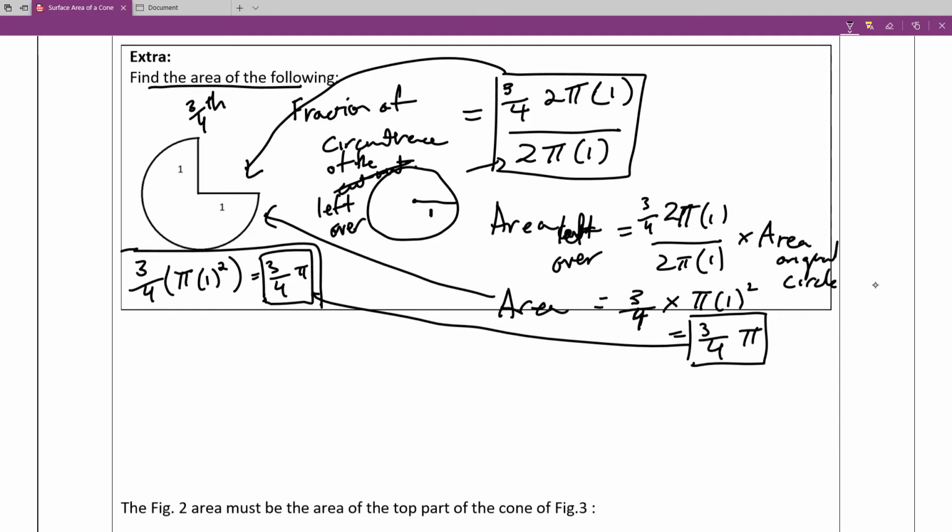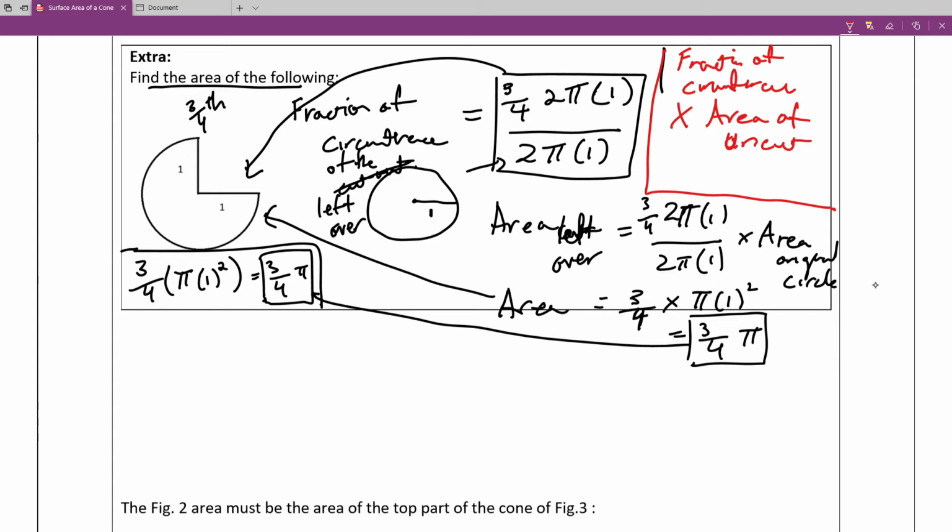But this shows that if we take the fraction of the circumference and multiply by the area of the original, the uncut, then we get the area of the leftover after the cut.